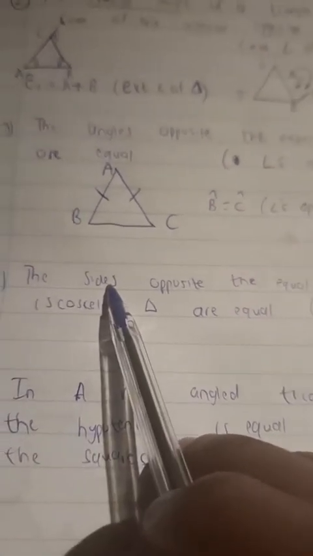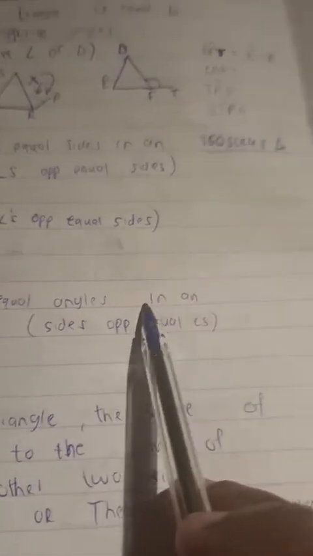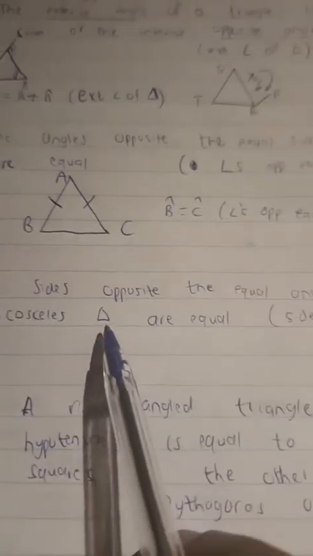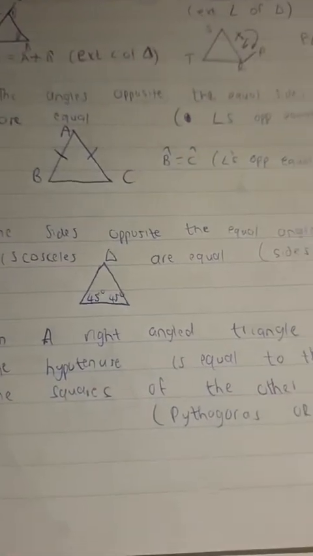The sides opposite the equal angles in an isosceles triangle are equal. So let's look at a diagram here. That's 45 degrees, that's 45 degrees. We have a triangle DEF.